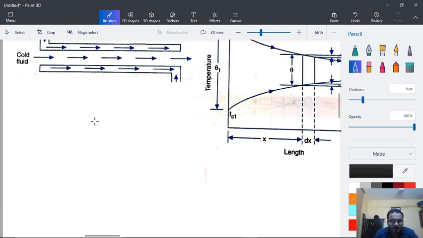So let's begin with our basic formula Q. I will not explain this figure again because this is already done in our previous lecture. So dq is equal to U into dA into TH minus TC.